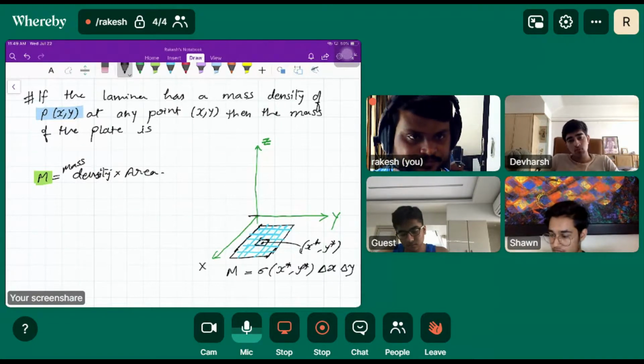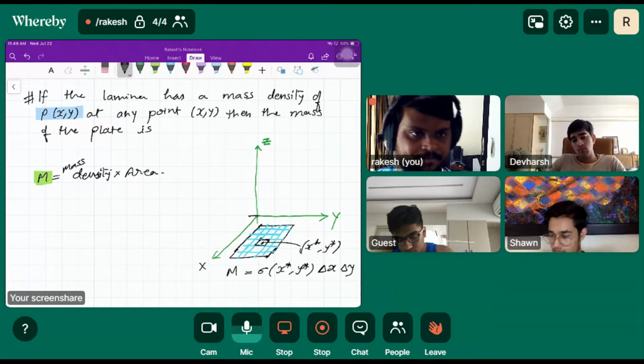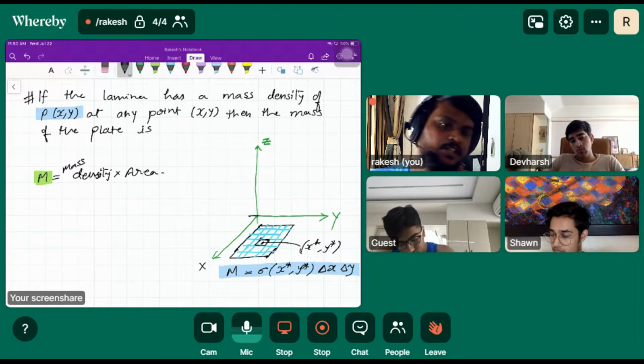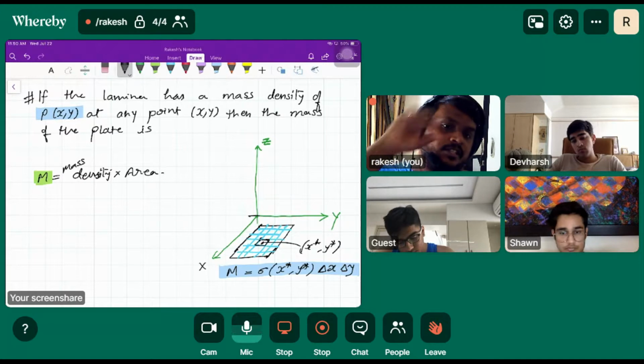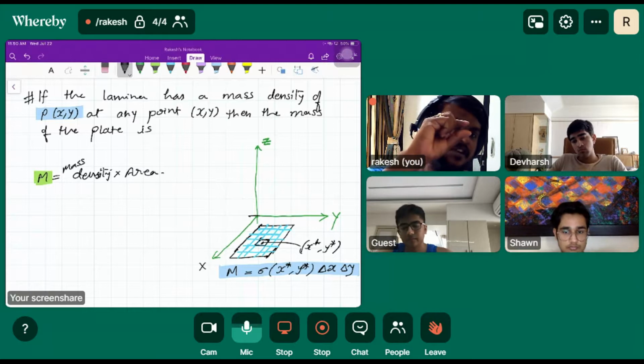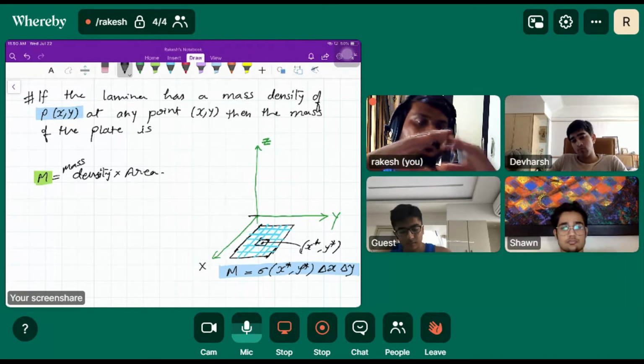Are you getting that? See, mass is equal to mass density function into area. Area is delta x into delta y. If we multiply that with the mass density function value at that point, we get the mass of that small rectangle, right? Now our job is to find out the overall mass of the plate.